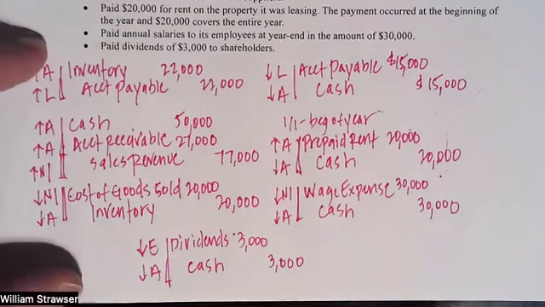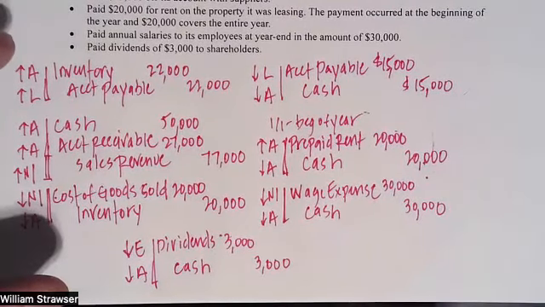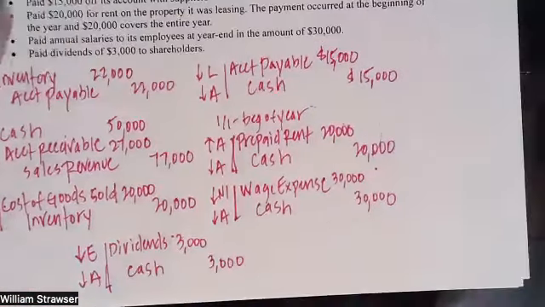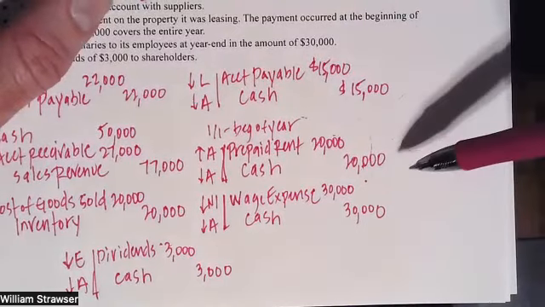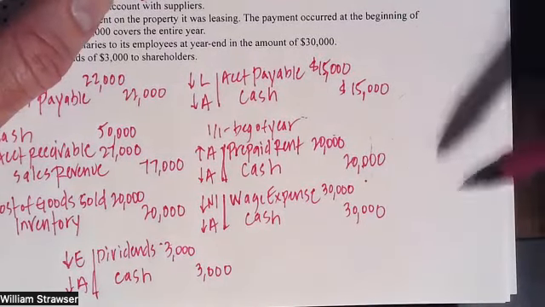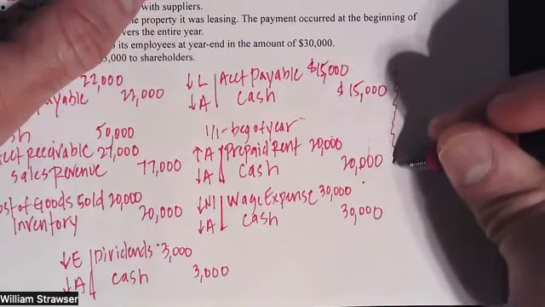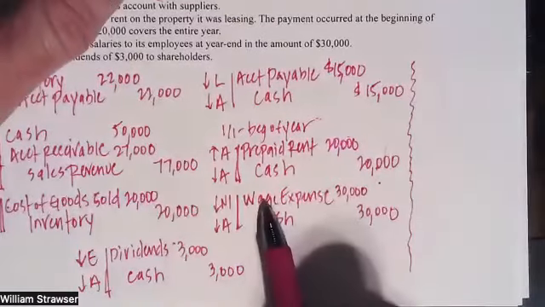Okay, so these would be the journal entries that happen during the year. These would be sort of normal transactions that happen during the year. And I mentioned that there is one that has an adjusting entry. So during the year, transactions happen with tons of people, right?